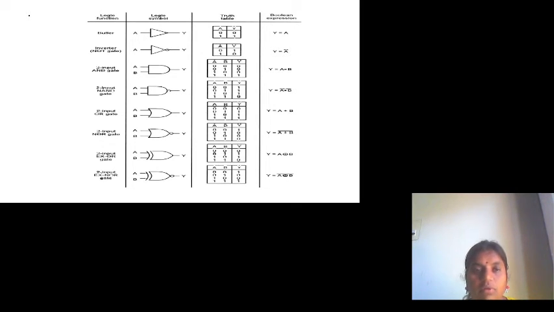Taking these logic functions into account, in this chart I have shown you the logic symbols for the buffer, NOT gate, AND gate, NAND gate, 2 input OR gate, 2 input NOR gate, XOR gate and XNOR gate, with their truth tables and final Boolean expressions.